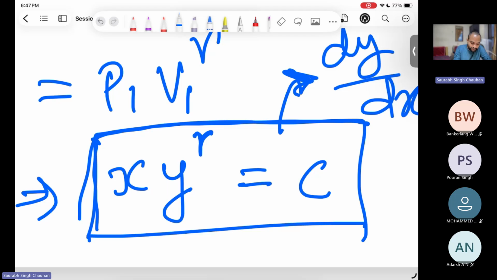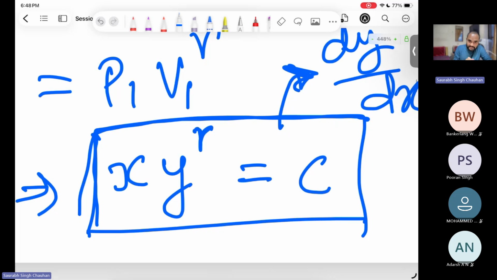Once you fix the gamma, it need not be the ratio of specific heats. In the case of an adiabatic process, it is the ratio of specific heats, but if it is not adiabatic, then this gamma will be something else, not the ratio of specific heats. But you will have this fixed equation. So once you have an equation, you will have a fixed path, right?